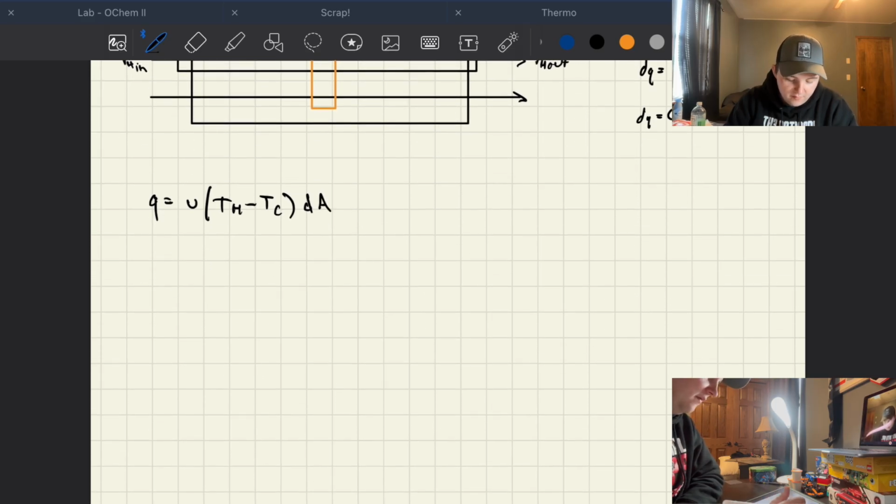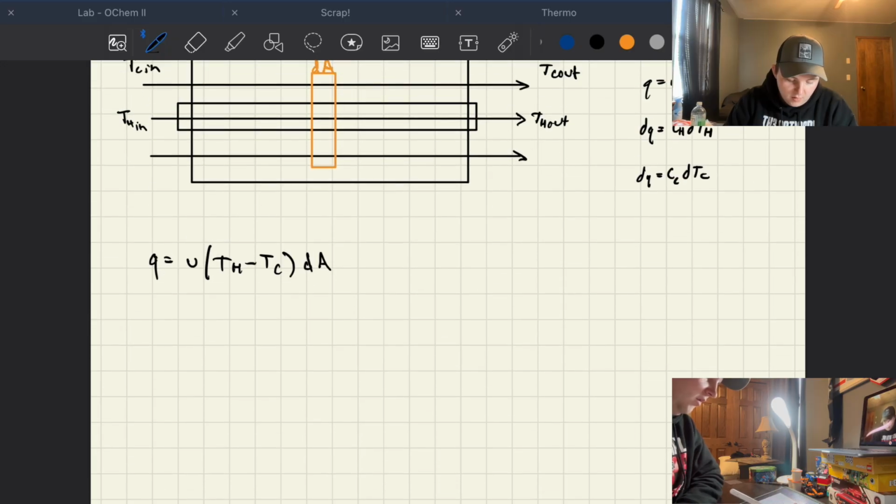So now we just need to derive this. All we're really going to do is put a d in front of this and change it to just delta T. When we do that, we'll get dQ is equal to U delta T dA.